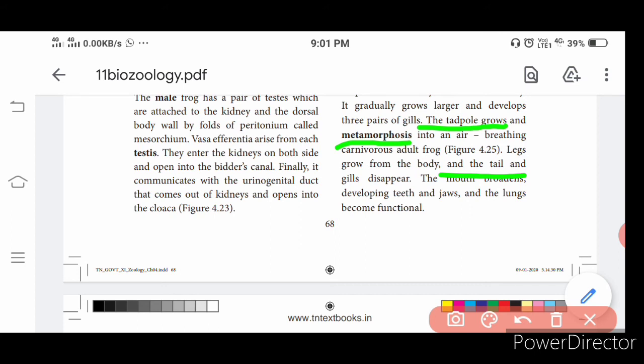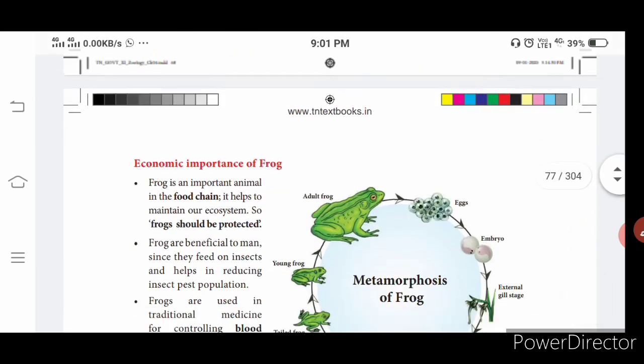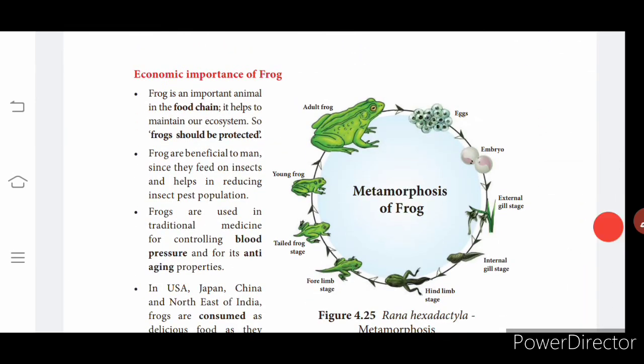Gills are also present, and they disappear as it grows, because the lungs develop and the gills do not help in the respiratory process.